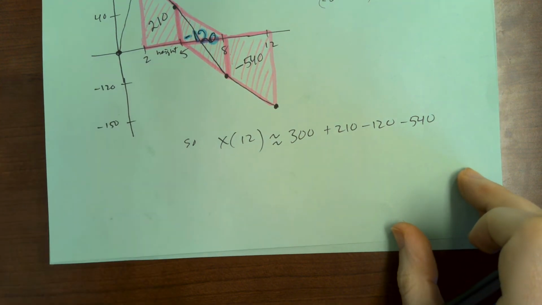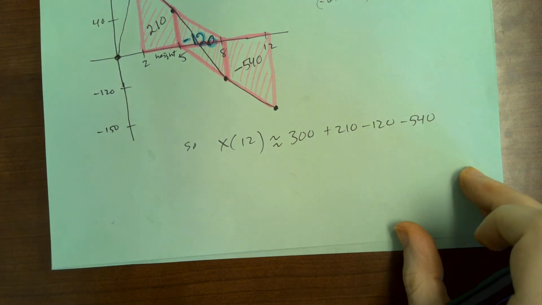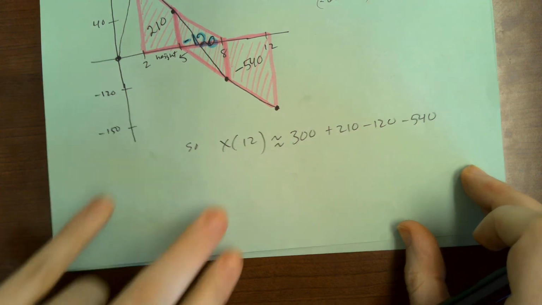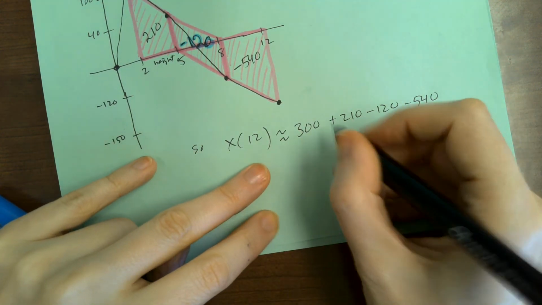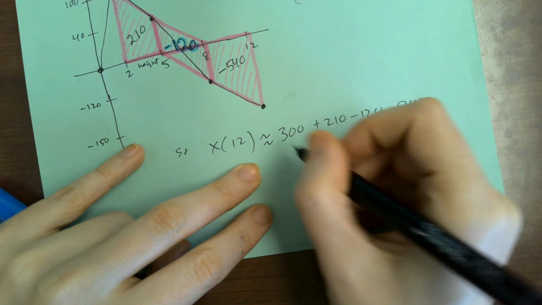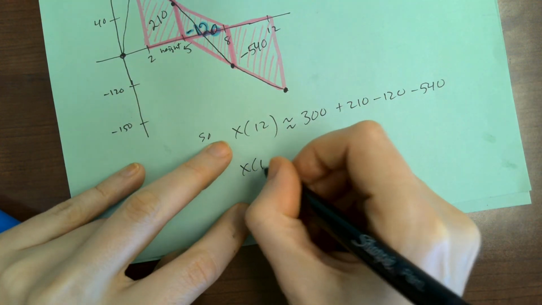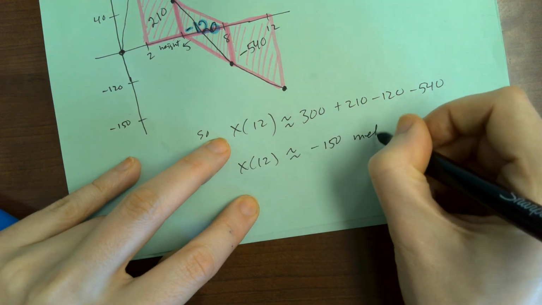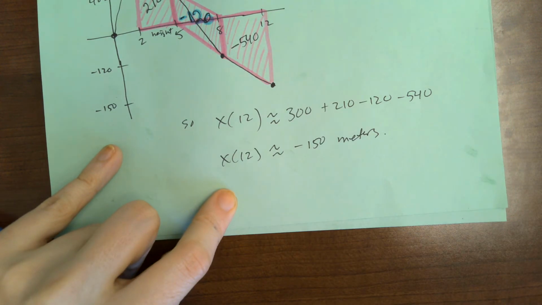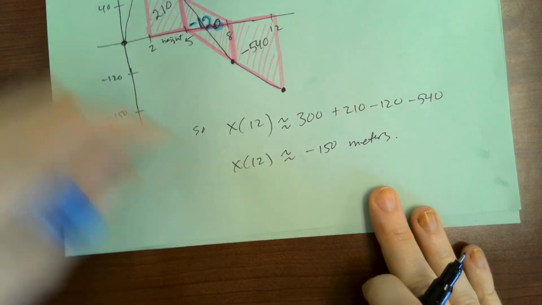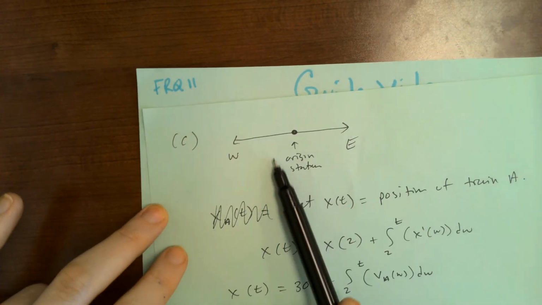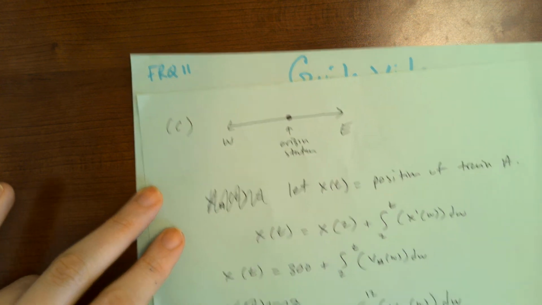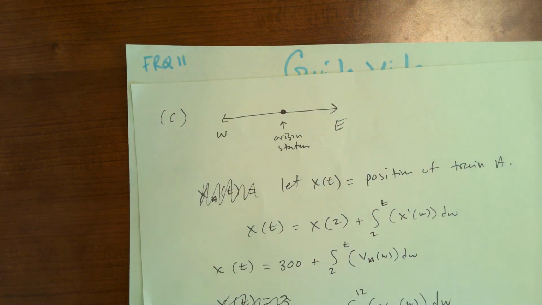Okay, and then when you do all of that, I got negative 150 meters. So x of 12 is about negative 150 meters. That means the position at time 12 is 150 meters to the west of the origin station because it's negative.